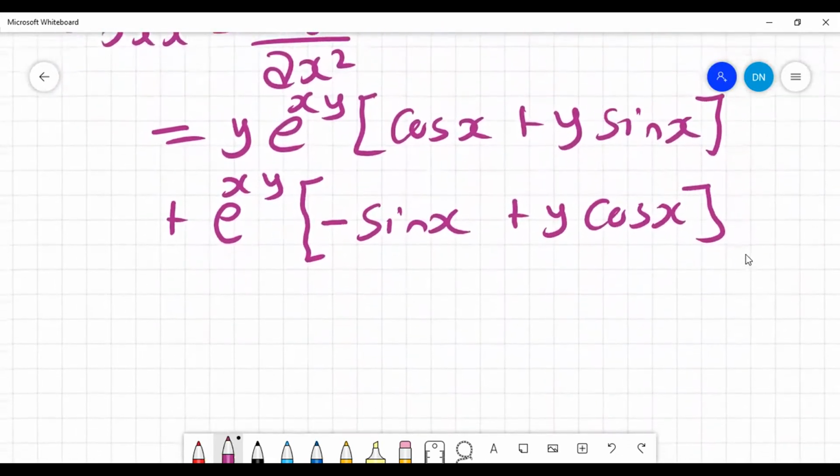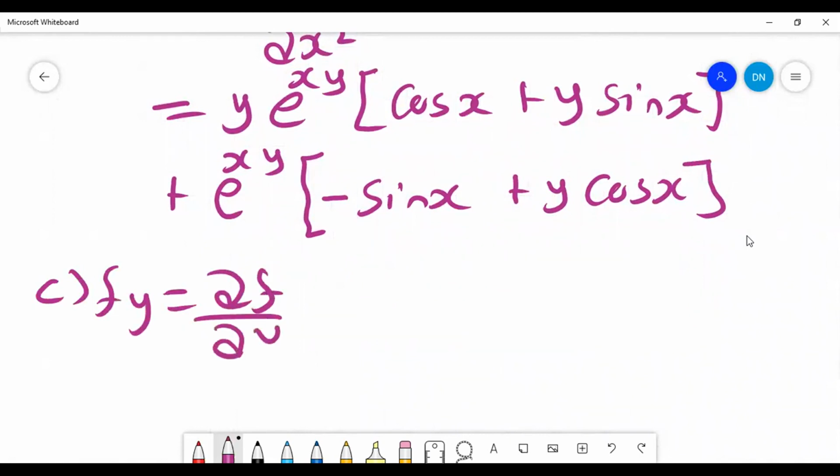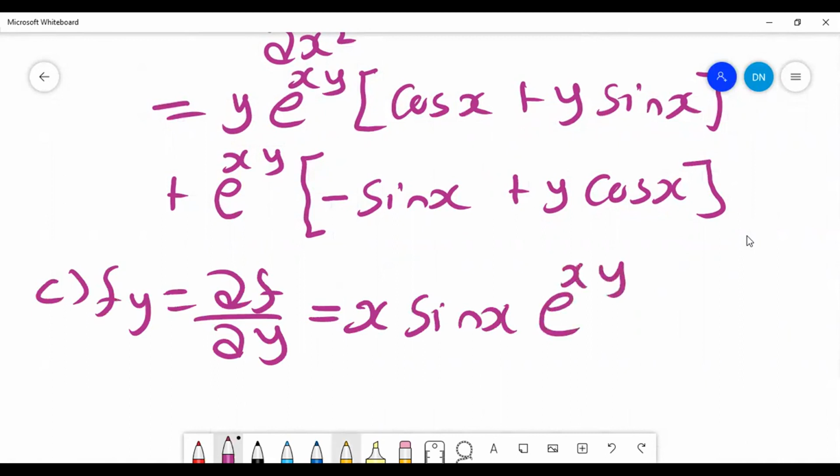Now, what about for c, f of y, which is the partial df over dy. Now you see that I'm only going to differentiate the exponential, so it will be x sine x e raised to power xy, because I've only differentiated this part.